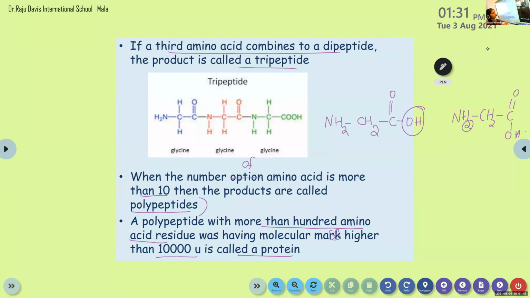Insulin is such a protein with 51 amino acids. So the distinction is not very sharp. You can write one exception here: 51 amino acids joined together is known as insulin, an example of one protein.